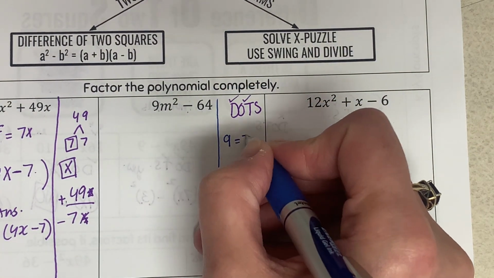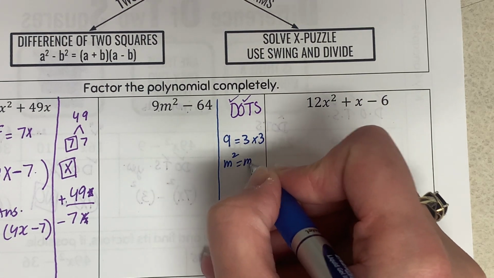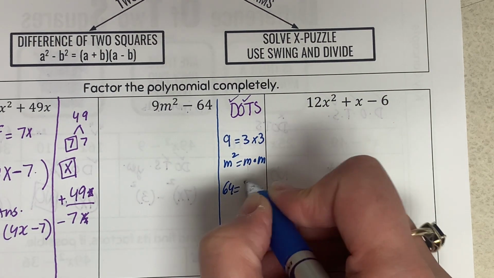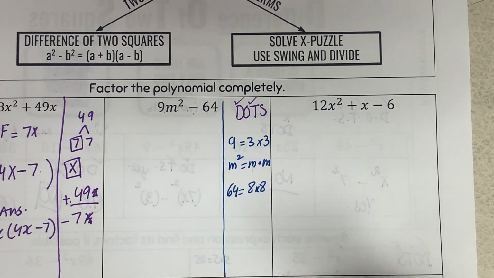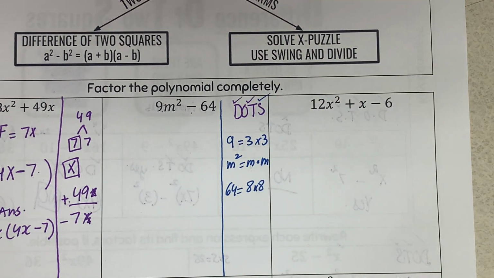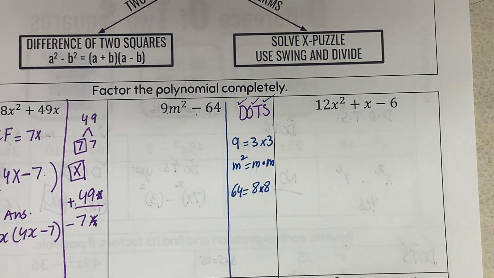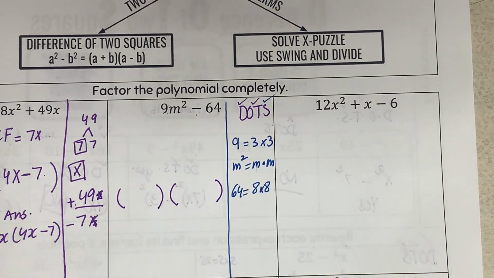So 9 is 3 times 3. M squared is m times m. And 64 was 8 times 8. So yes, they are perfect squares. If they're perfect squares, I'm just going to first rewrite them and then write them as 2 sets of parentheses.